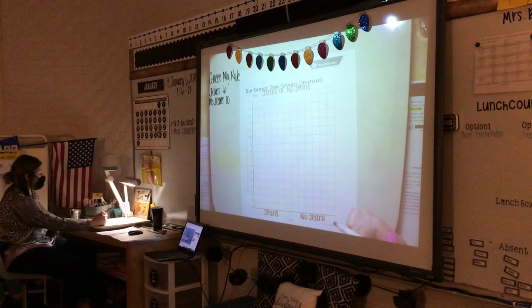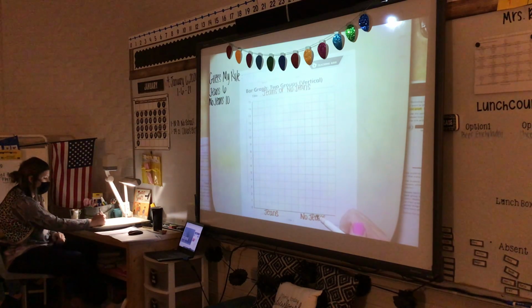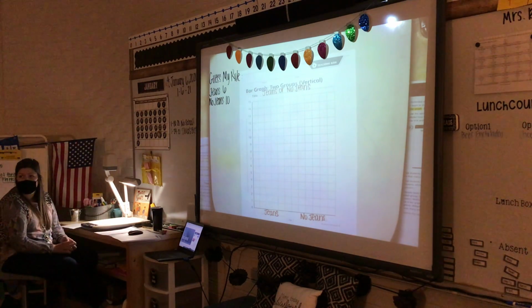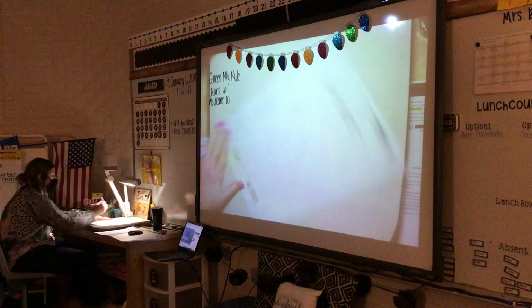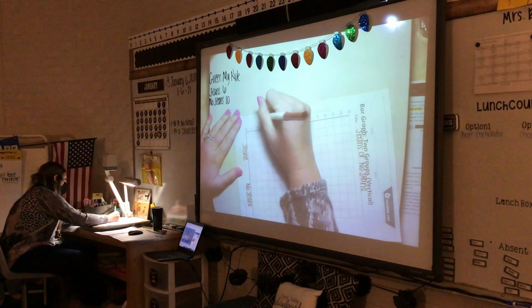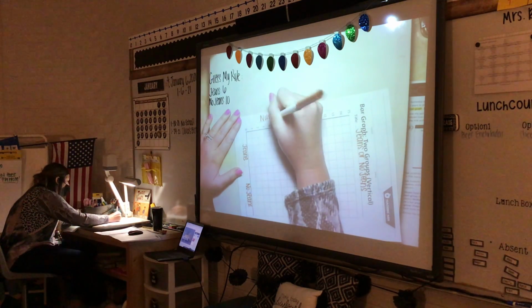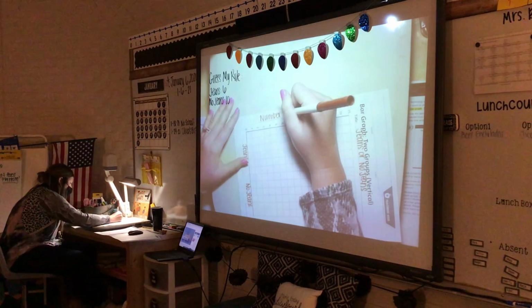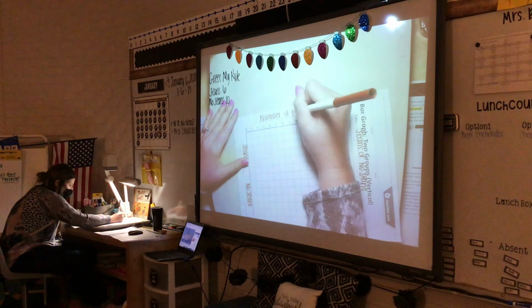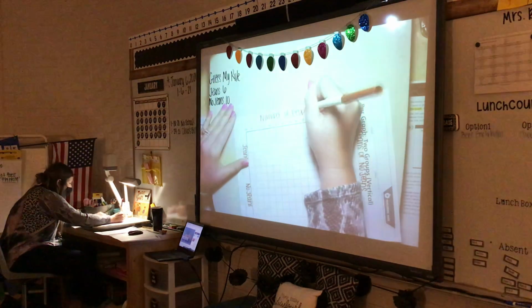What do you think these numbers represent? How many people were wearing jeans? Number of people. Connor, you got it. Good job. Number of people. So however far I color it up, that's going to show how many people are wearing jeans or not.